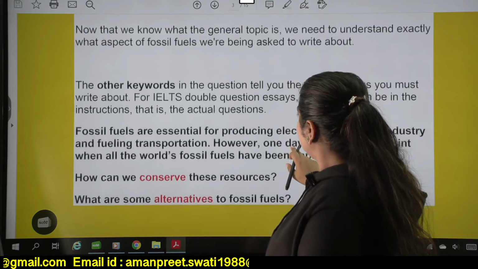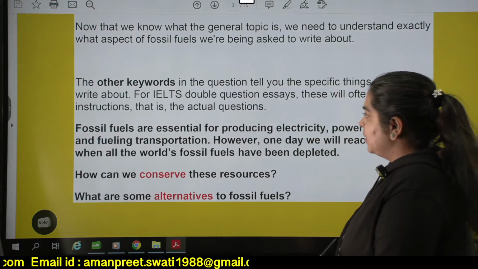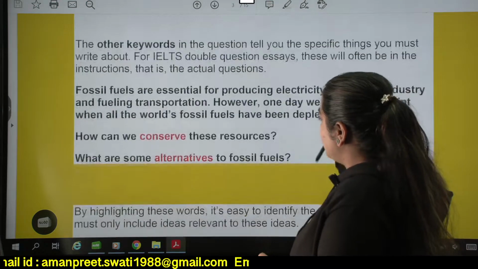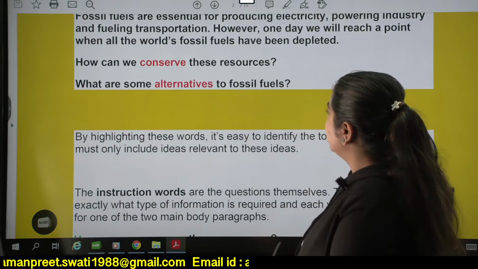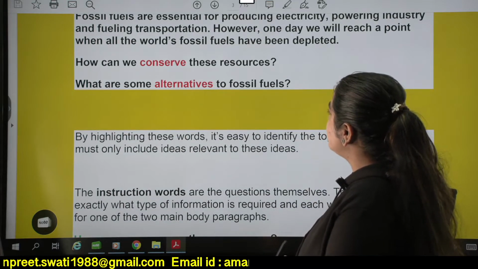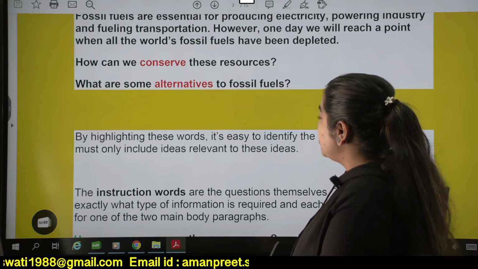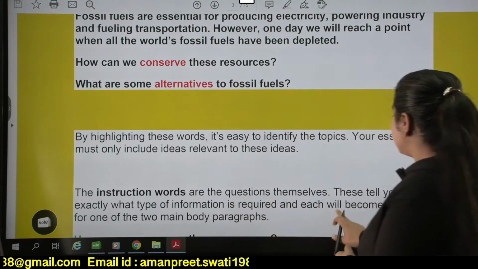Now, if we specifically talk about the other keywords or the instruction words, how can we conserve these resources? What are some alternatives to fossil fuels? So that means these are the instruction words. They are basically the questions themselves.